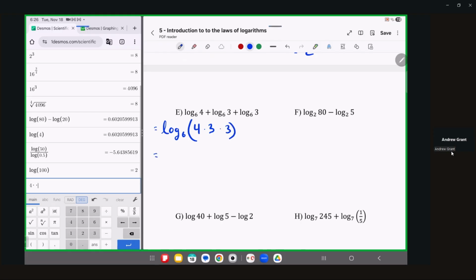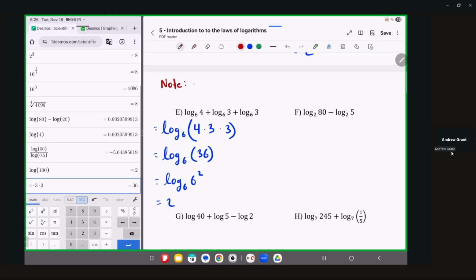So if you're not sure, 4 times 3 times 3 is 36. So this will be log base 6 of 36, which will then become log base 6. 36 is the same thing as 6 to the power of 2, so our solution is going to be 2.